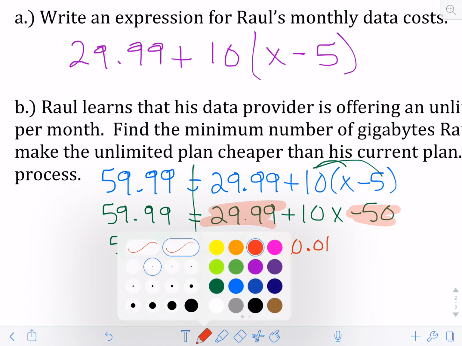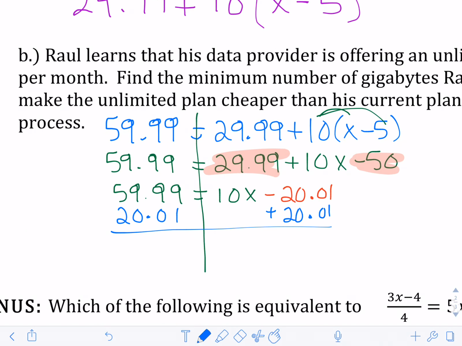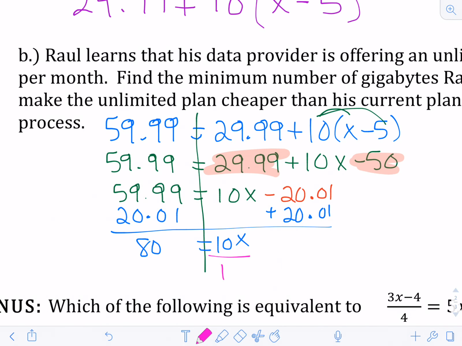Now I'm going to add that $20.01 to the other side, and that will give me a total of $80 is equal to 10x. The last thing I have to do is divide both sides by 10 to get x by itself, so x is equal to 8.